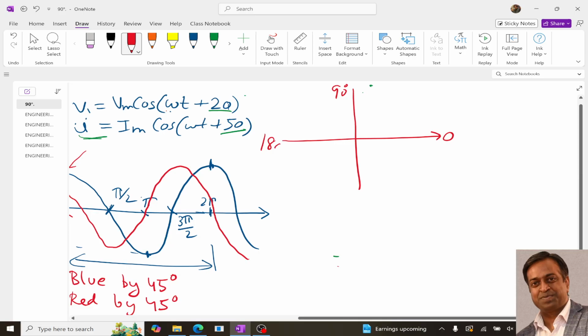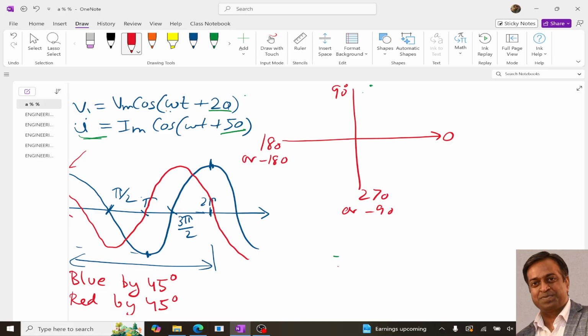We know this from trigonometry, it is 180, 270. We can also say it as minus 90 or minus 180 or minus 270, and this as 360, right? Now over here, when we talk about how we are going to draw a phasor, this is a phasor diagram.